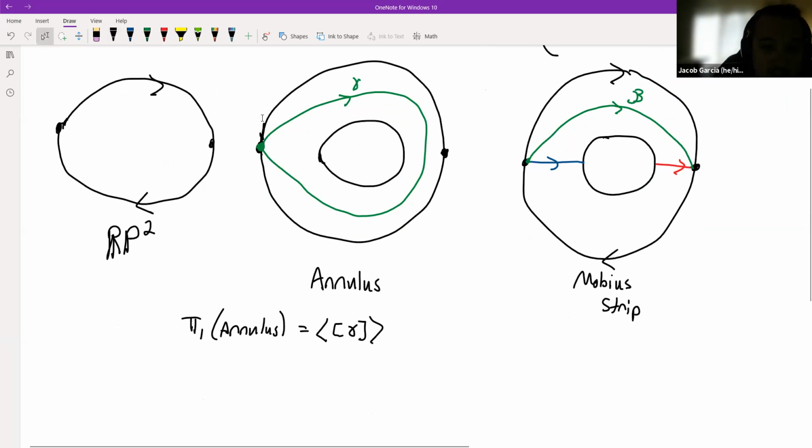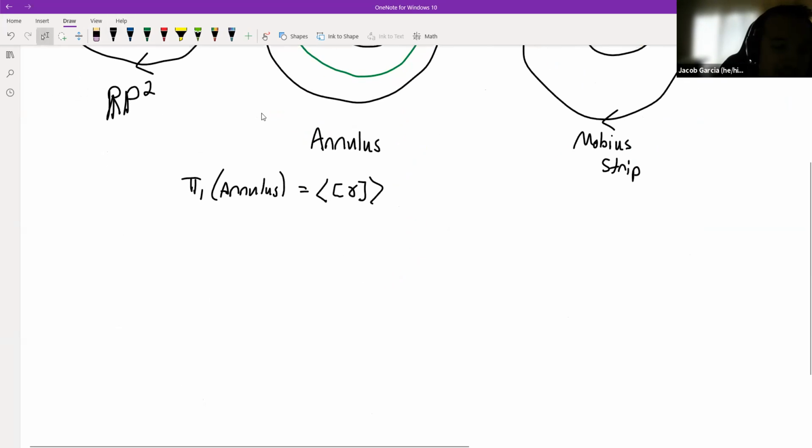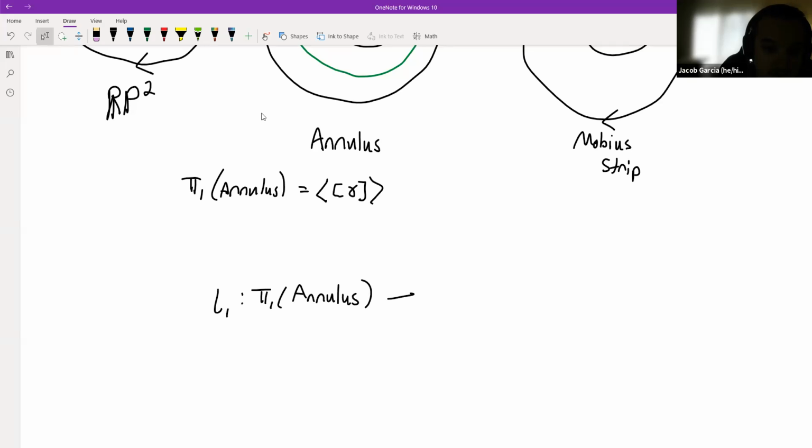And so when I include, right, so I have I1, which takes pi1 of the annulus to pi1 of the disk.